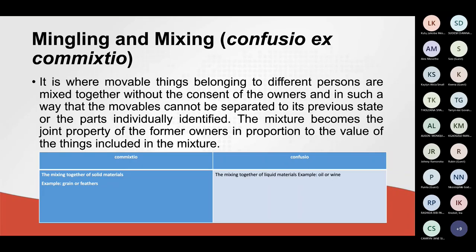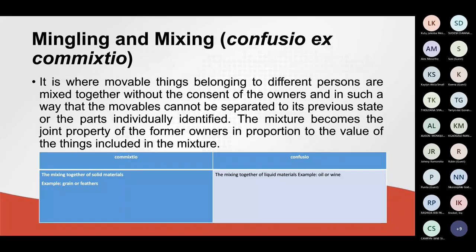So let's deal with mingling and mixing. Now, what is mingling and mixing? It is where movable things belonging to different persons are mixed together without the consent of the owners, and in such a way that the movables cannot be separated to their previous state, or the parts individually identified. So the mixture then becomes the joint property of the former owners in proportion to the value of the things included in the mixture.